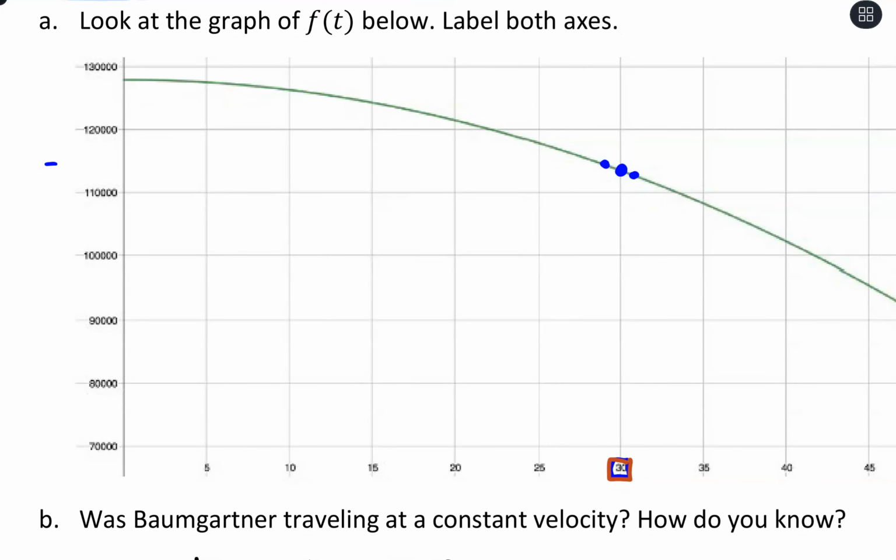So let's get an estimate so we can keep that 115,000 as our estimate for what's happening at exactly 30. But now we're going a little above, a little below. In fact, let's say 116,000 and 114,000. Oh, what am I doing? We have our function.